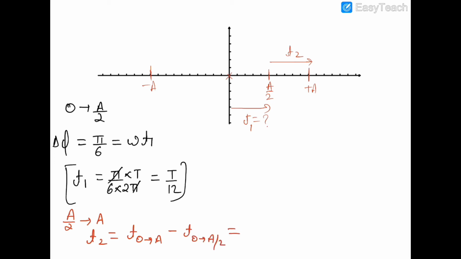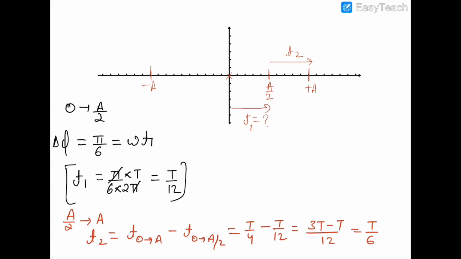So we already know that the time taken to move from 0 to a is 1/4 of the time period of the cycle, and minus this is T by 12. So this would be 3T minus T by 12, and this is T by 6.